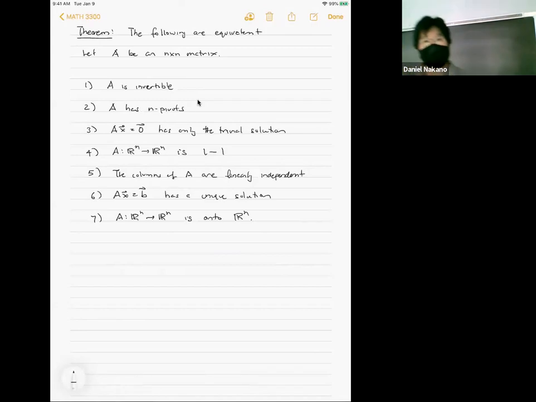Because if I take a B, I know there are X's such that I can write B as a linear combination of the columns of A. So that means that A is onto.